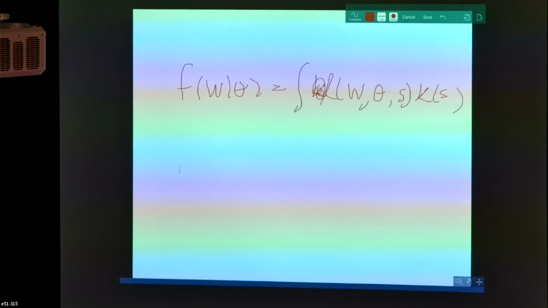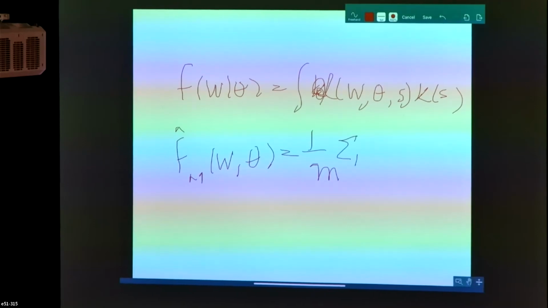You could take f hat of m, w, theta to be like 1 over m, the sum from m equals 1 to m of k of w, theta, s_m. Fine. You can do that, but then let's try to find the maximum likelihood.